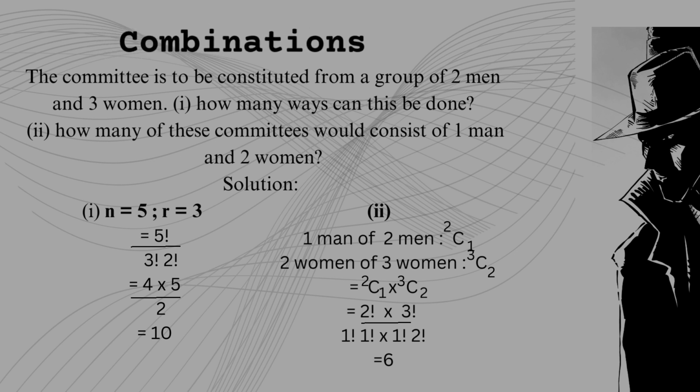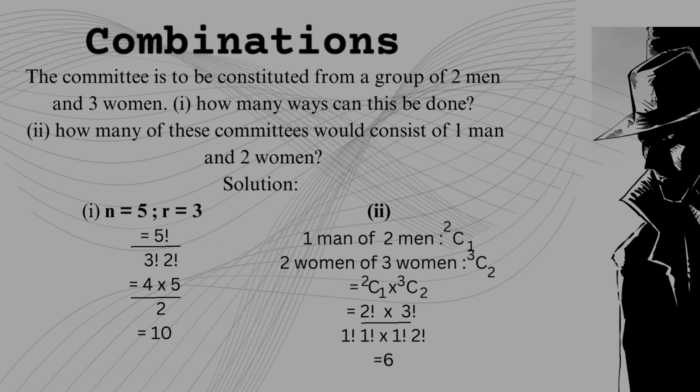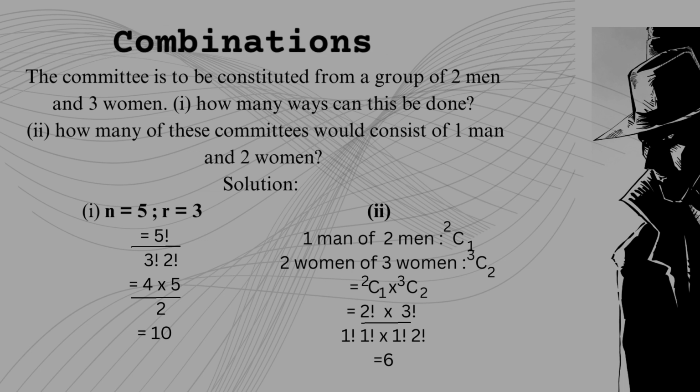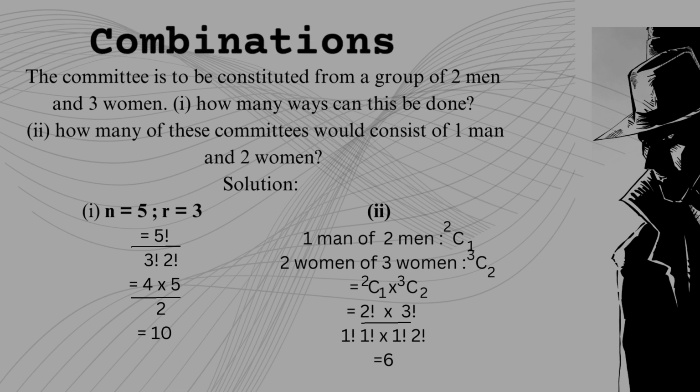Now, 1 man can be selected from 2 men in 2C1 ways and 2 women can be selected from 3 women in 3C2 ways. Therefore, the required number of committees is equal to 2C1 into 3C2. It is equal to 2 factorial by 1 factorial into 1 factorial into 3 factorial by 2 factorial.